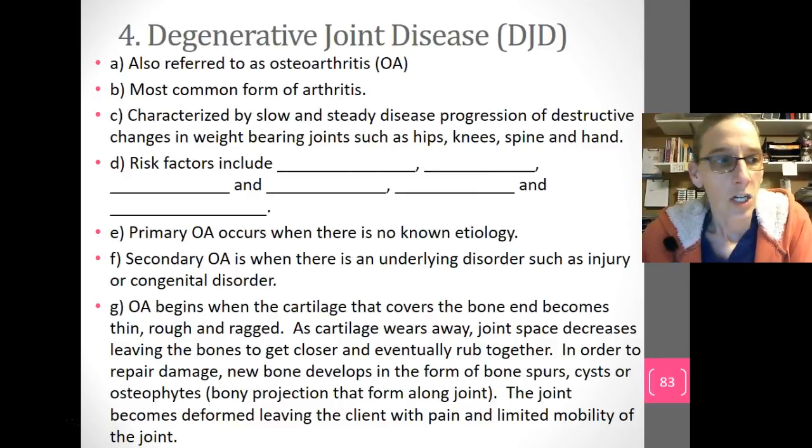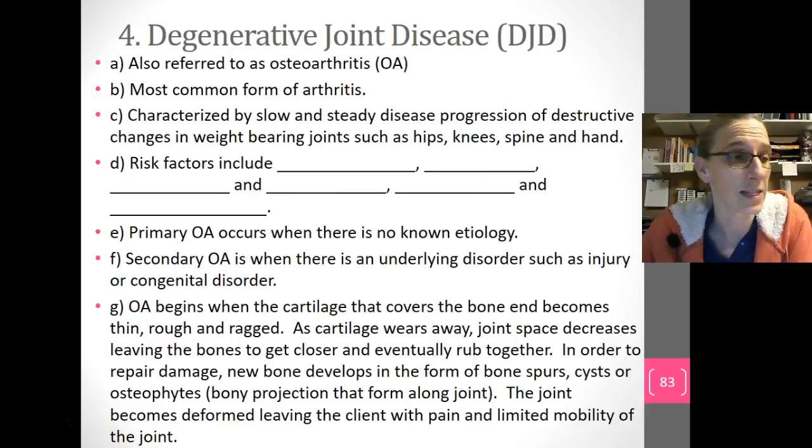So OA begins when the cartilage that covers the bone becomes thin, rough, and ragged. As the cartilage wears away, the joint spaces decrease, leaving the bones to get closer, and eventually they start rubbing together. In order to repair the damage, new bone does develop in the form of bone spurs, cysts, or osteophytes, bony projections, and the joint becomes deformed, leaving the client with a lot of pain and limited mobility in the joint.